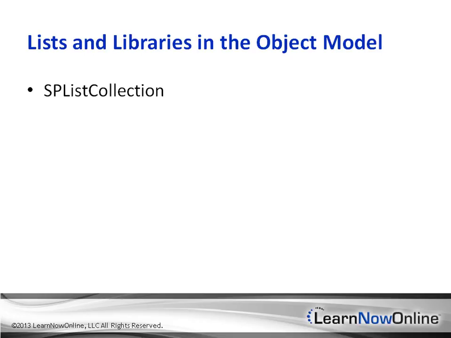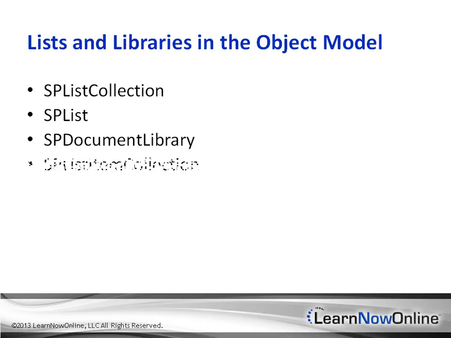So the SPListCollection, that's familiar by the web.Lists property, and then when you want an individual list, that's SPList. And then there's an SPDocumentLibrary, which is synonymous with a document library. It represents a document library. And then the list item collection, obviously, those are all the items in a list.